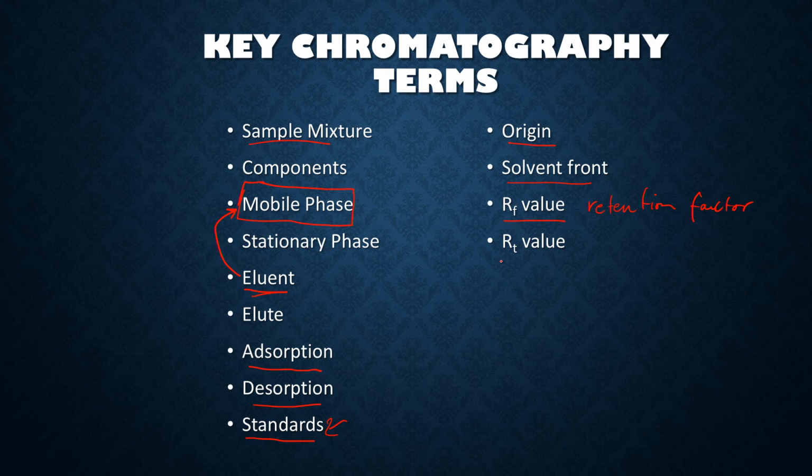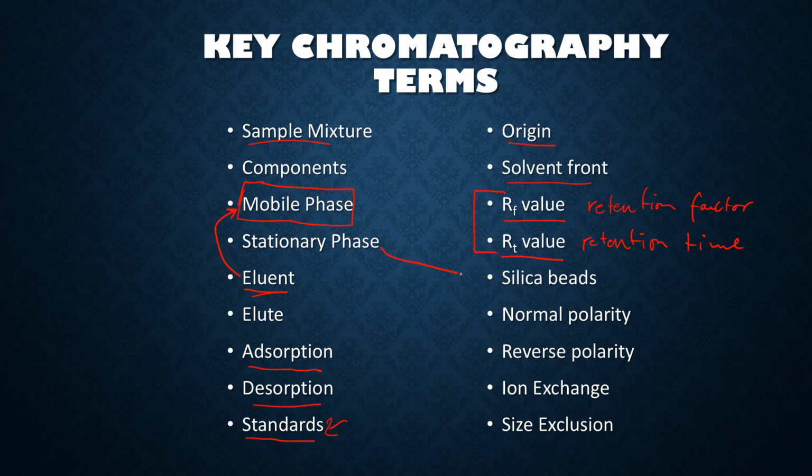The RF value is used in paper and thin layer chromatography, but there's also the RT value, and the RT value is used in column chromatography, and it's the length of time that it takes for the sample to go from the injection port in HPLC and gas chromatography to be eluted and detected in the detector. It also stands for retention time, and they are synonymous with each other. They mean the same thing, basically.